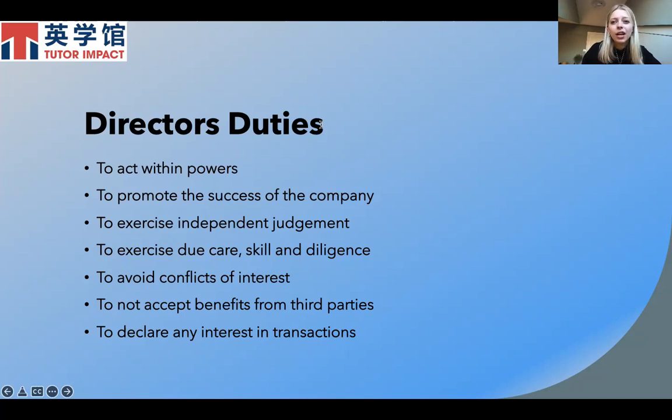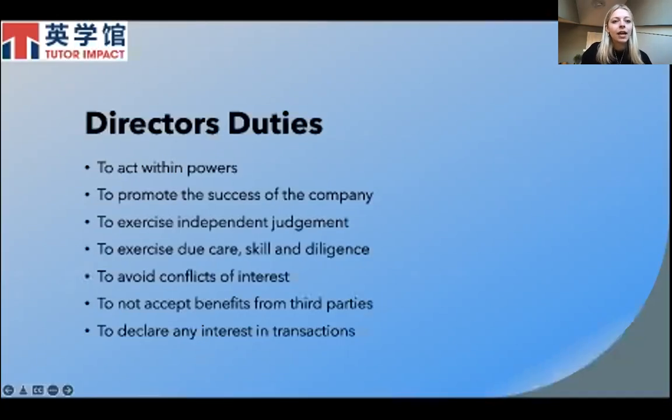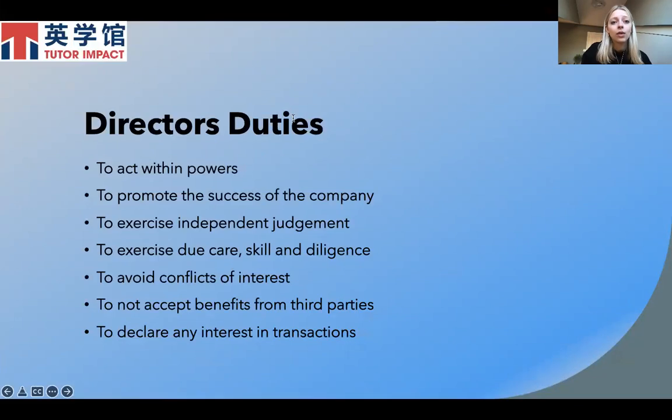So we're now just going to look at a couple of these duties in very brief outline, just so you have an idea of what they're constrained by. The first one that we have here is the duty to act within powers. What this means is that when a director is acting in the course of business and in the day-to-day management of the company, they must only exercise powers that are conferred to them under the internal rules of the company.